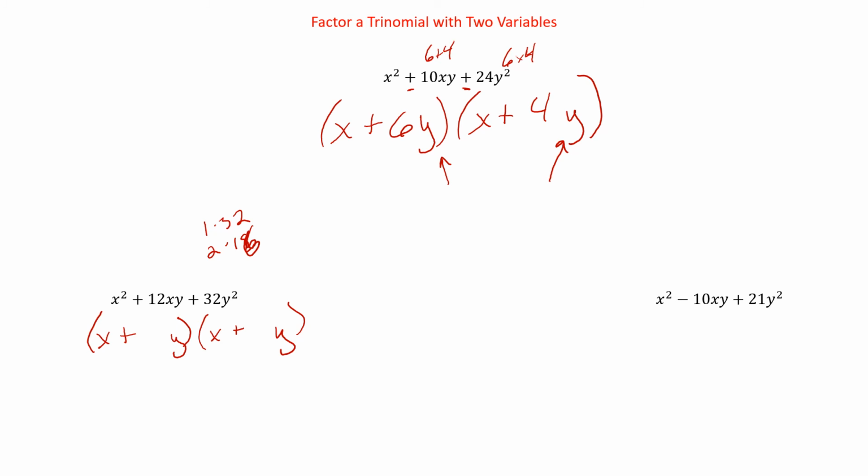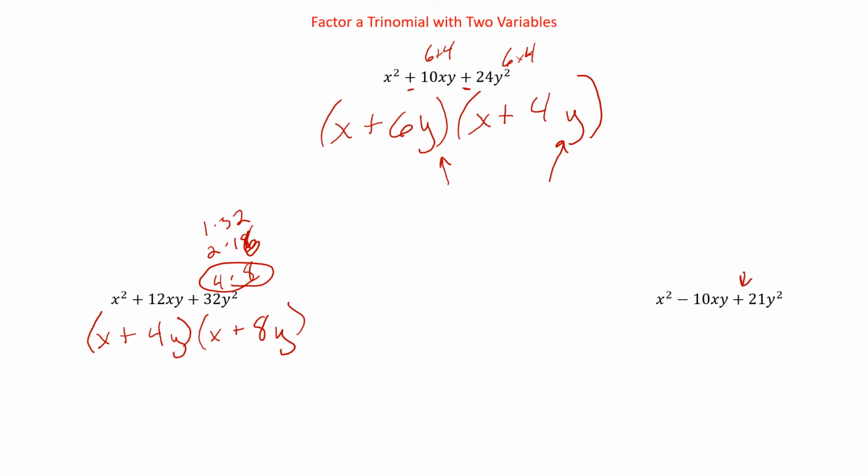Add those 2 and 16 will give us 18. So that's not what we're looking for. 3 won't divide. 4, well, this is 4 times 8, and 4 plus 8. Ooh, there we go. It's 12. So we have x plus 4y, x plus 8y. And that's factored. How about the other one?